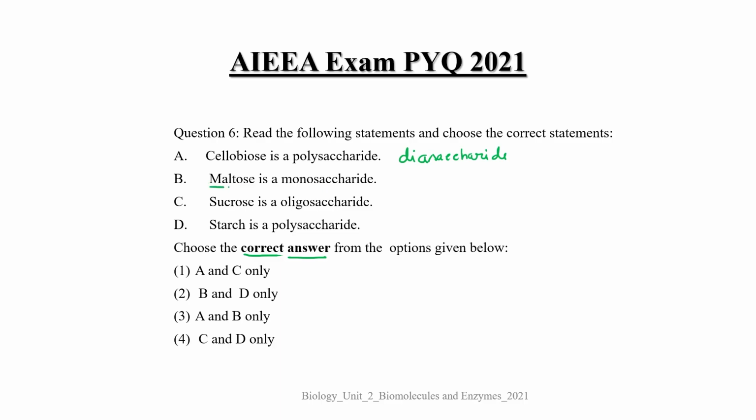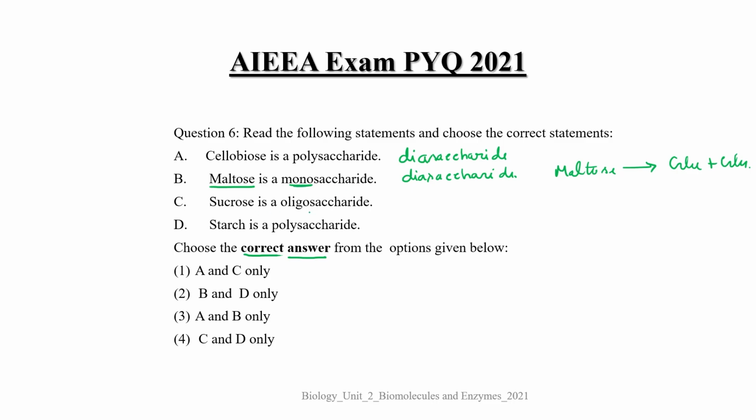Maltose is again a disaccharide. If we hydrolyze maltose, it will break down into 2 monomer units of glucose. So maltose gives glucose plus glucose. So it is a disaccharide, not mono, right?